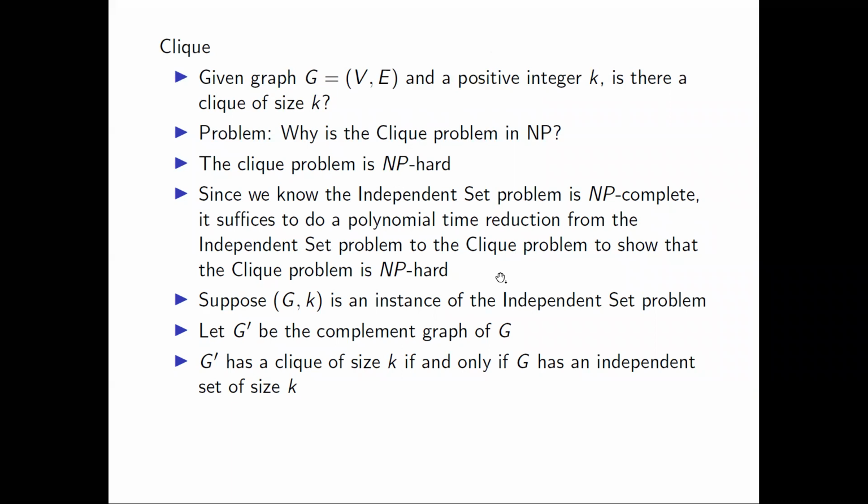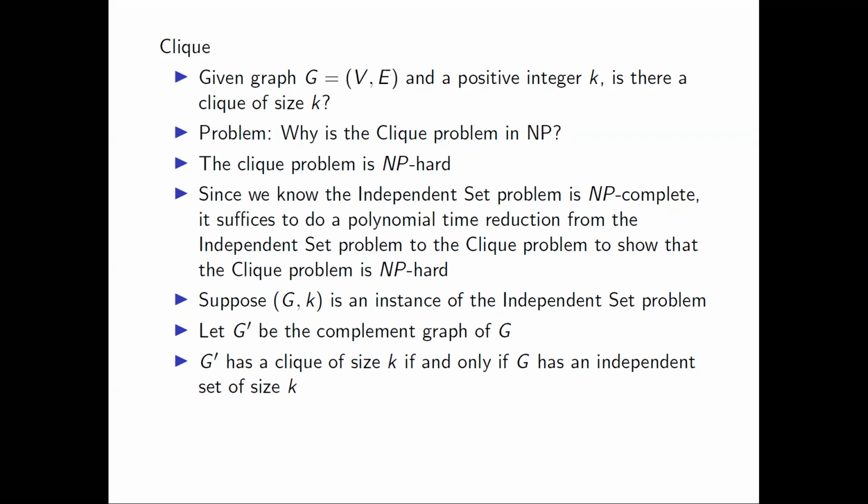And how can we see that? Well, if G prime has a clique of size K, we can take those vertices in that clique, v1 up to vk, we'll call them, in G prime. And if they make a clique in G prime, it means that there's edges between all those vertices in G prime. Since G prime is the complement graph of G, it means that in G, there's no edges between any of those vertices.